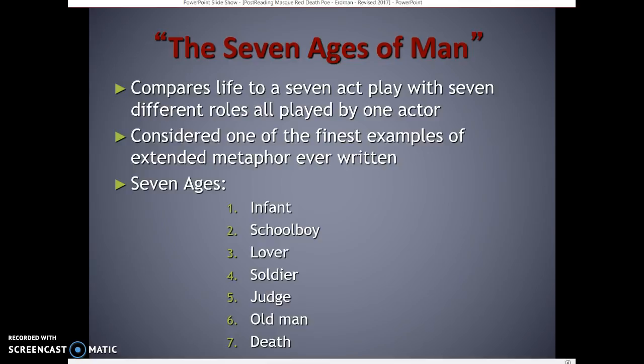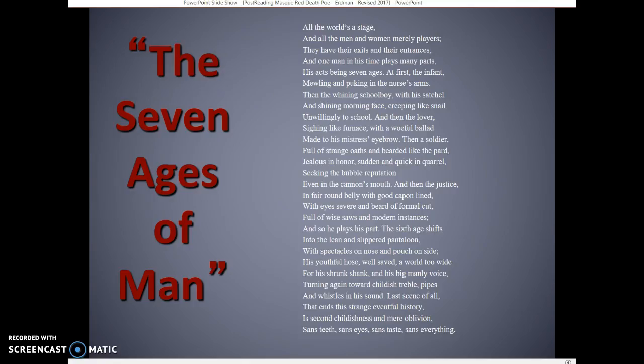All the world's a stage, and all the men and women merely players. They have their exits and their entrances, and one man in his time plays many parts, his acts being 7 ages. At first the infant, mewling and puking in the nurse's arms. Then the whining schoolboy, with his satchel and shining morning face, creeping like snail unwillingly to school.